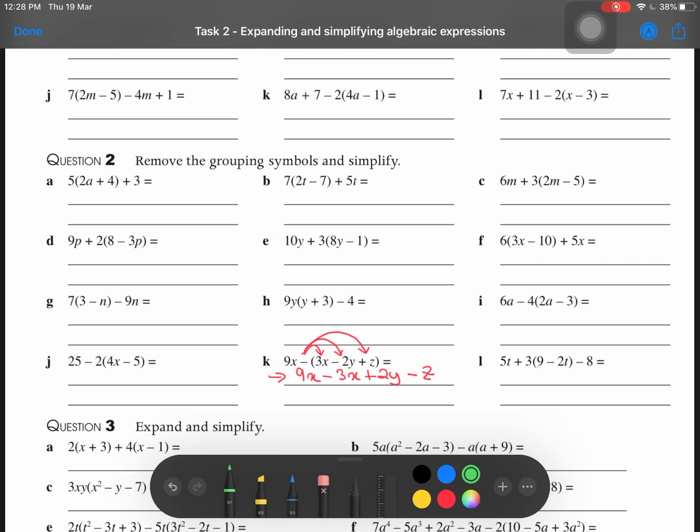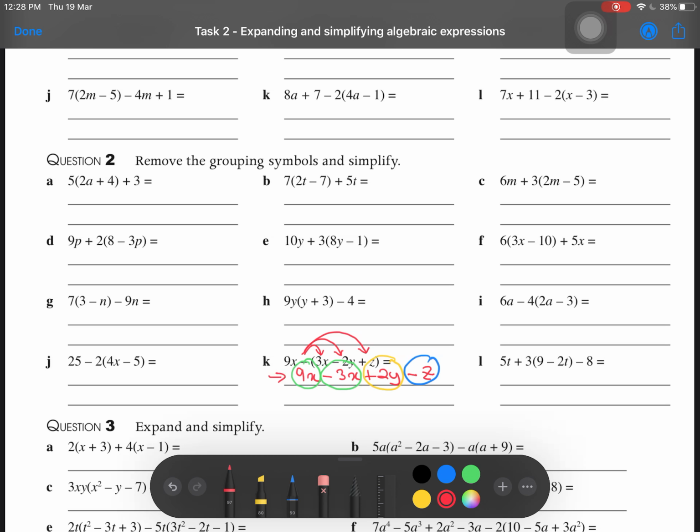Okay, now another thing that we need to do next is the simplifying part. Simplifying is basically like merging the terms, but you can only do it when they are like terms. So look, 9x is from the x family, -3x is from the x family, plus 2y is from the y family, and minus z is from the z family.